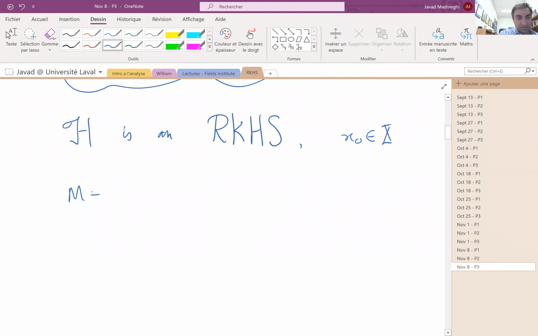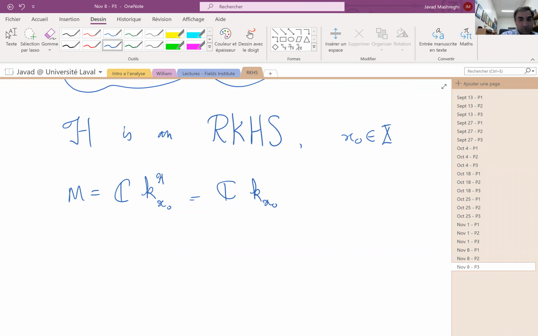My M is the one-dimensional space created by K_x0 in H. When I don't put the index, it means in the ambient space. So simply I write K_x0.